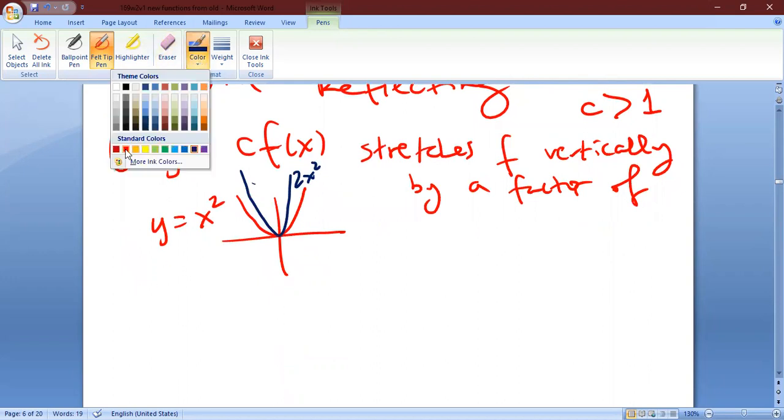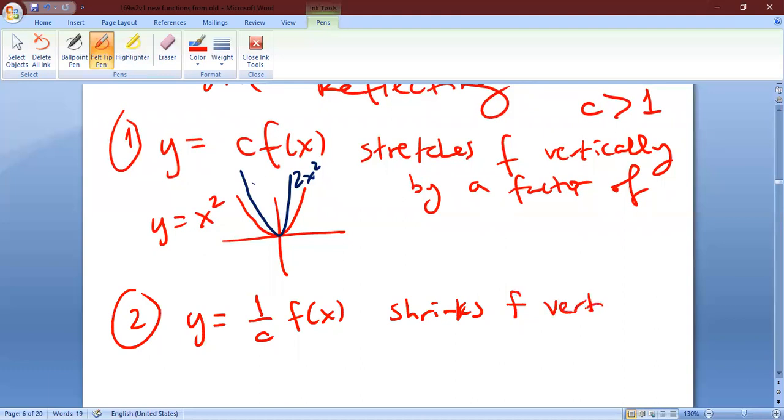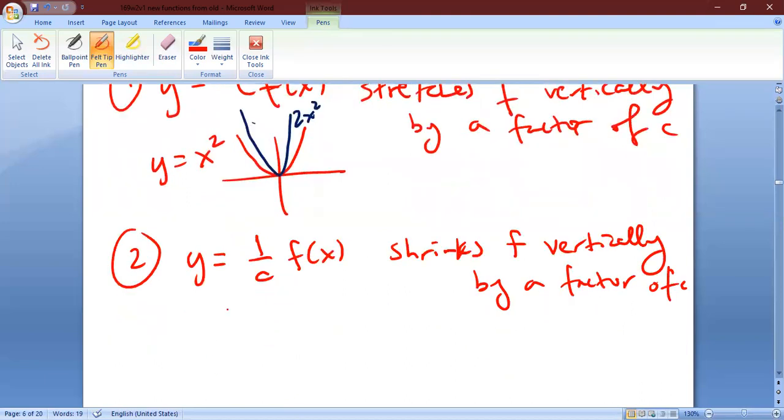But let's say we have 1 over c times f, then this shrinks f vertically by a factor of c. So again, a similar example. Let's say we have x squared.